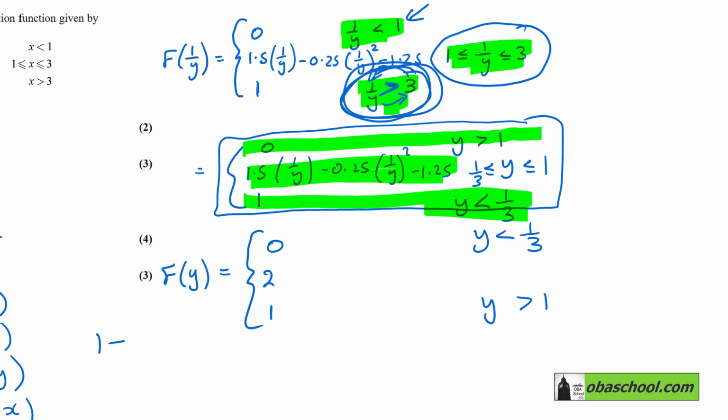So 2.25, and that will be take away 1.5 1 over y plus 0.25 1 over y squared, and that will apply for y in between 1/3 and 1. So it's fairly tricky, that part of the question.